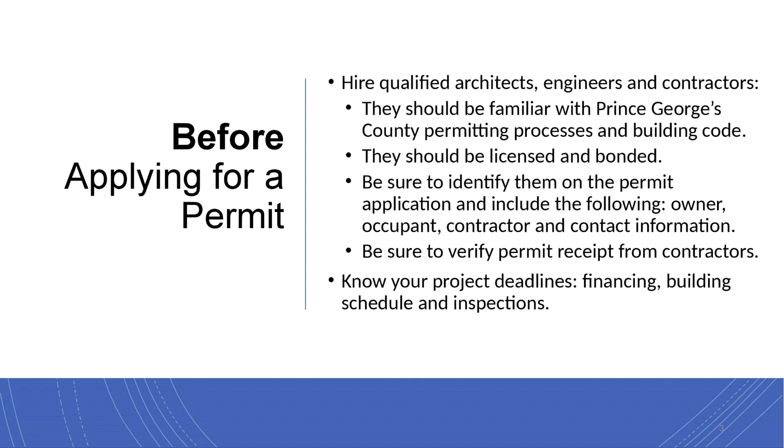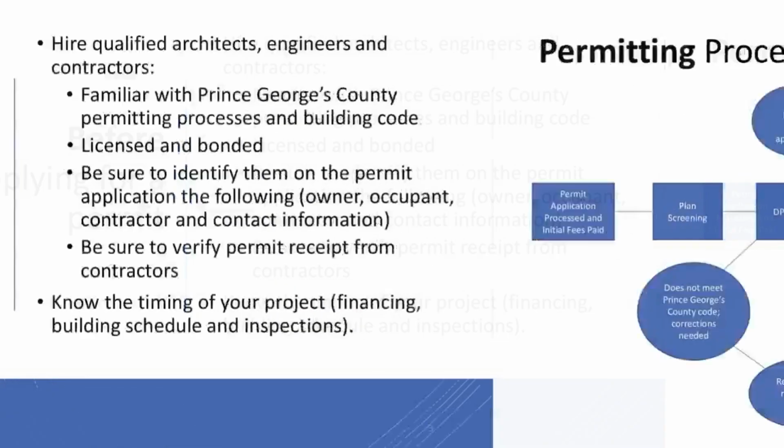Be sure to verify the permit receipt. You want to be sure your permits have been applied for. Know the timing of your project, financing, building schedule, and inspections. Time is money, and knowing these are important for the success of your project.